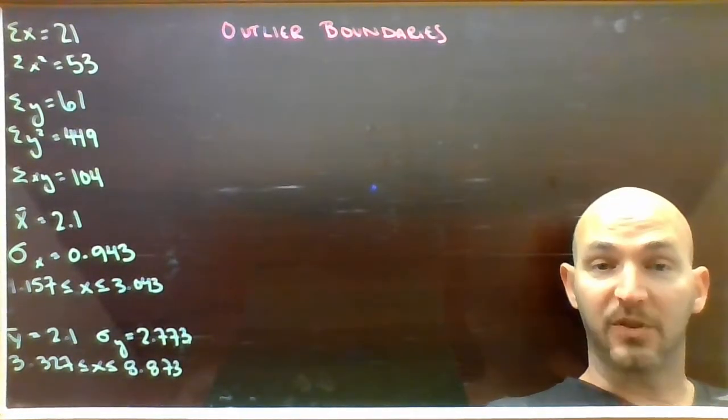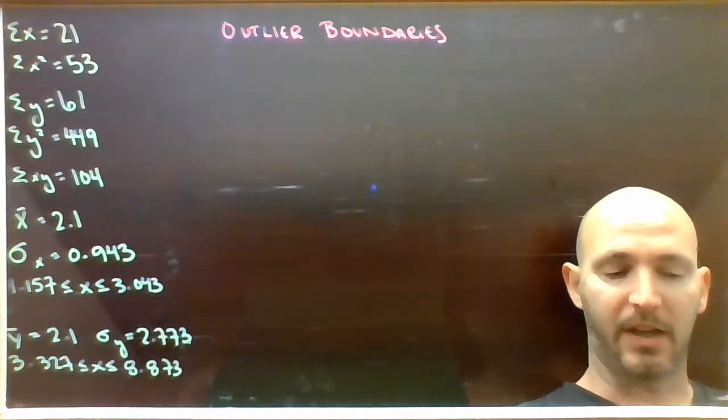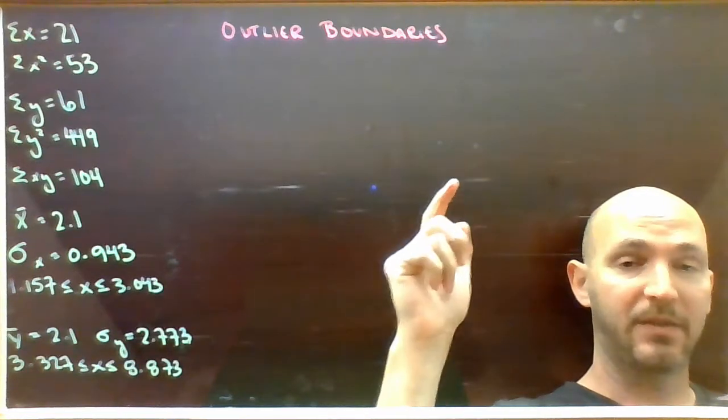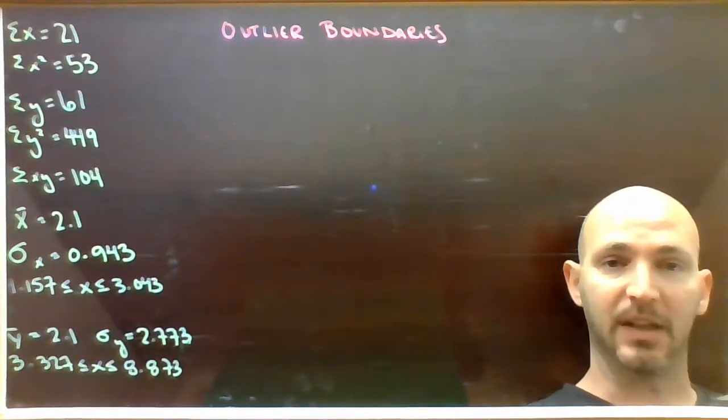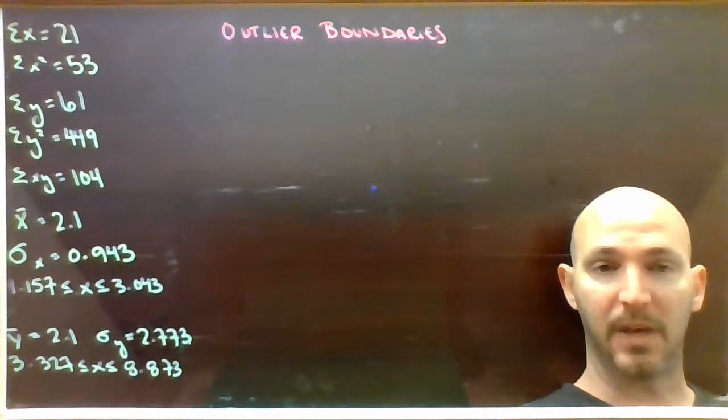So to establish the outlier boundaries for my x values and y values, I'm going to have to take the average value and step up 3 standard deviations and down 3 standard deviations in order to find which data points could justifiably be removed from my set.